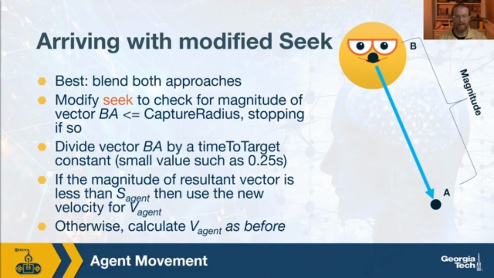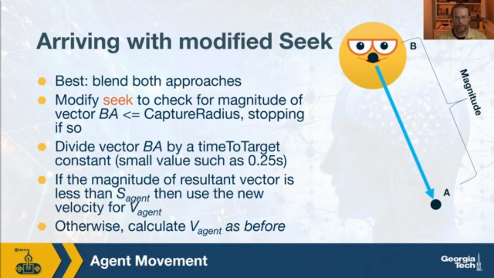And so, instead of the normal way of calculating our velocity, we'll just use BA divided by the time constant. And assuming we keep getting closer, and we keep using the 0.25 seconds, we'll go slower and slower.